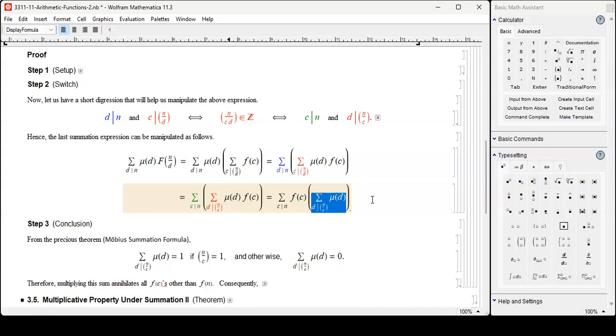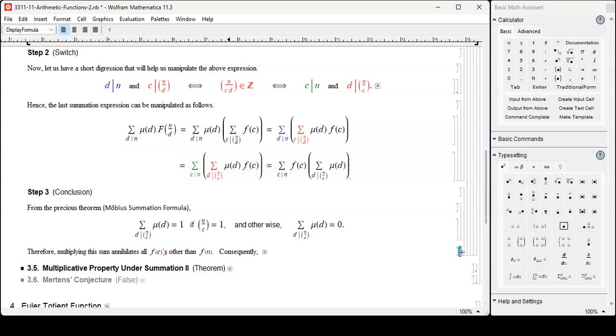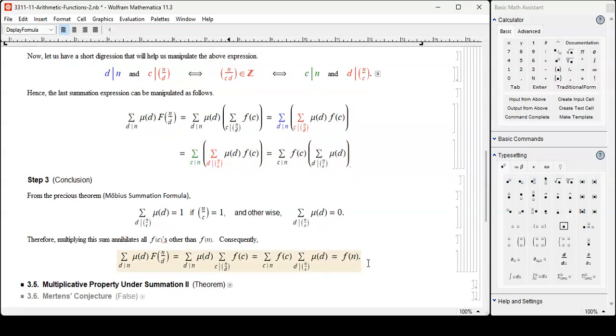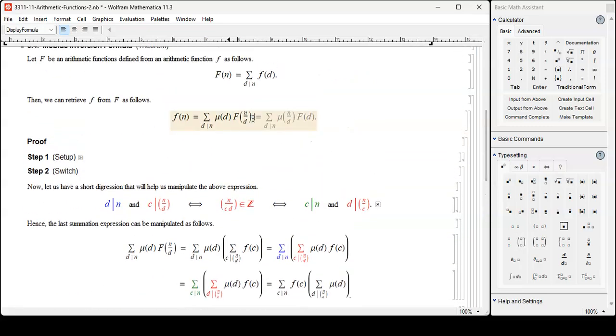Otherwise, they all disappear. For all positive divisors of n, they all disappear except for the last one, n and c are the same. Consequently, we just get f of n. Isn't that what we wanted? We started from here, and then eventually we got to f of n.